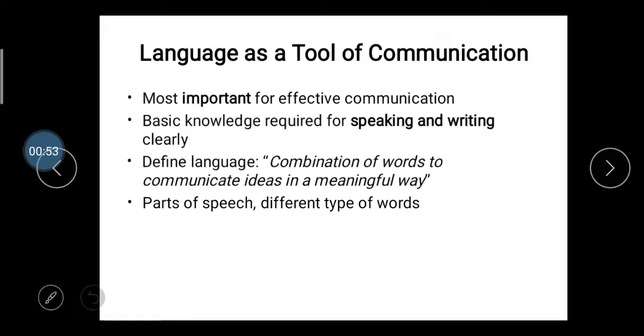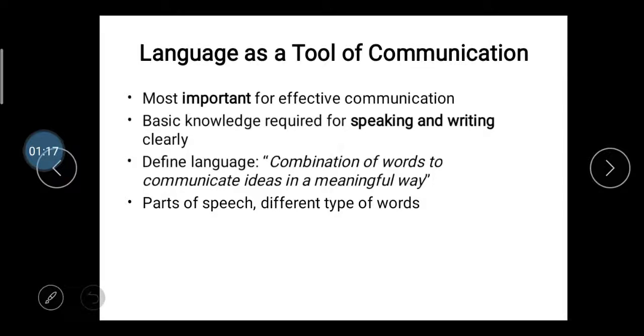So let's start. First one, most important for effective communication. When you communicate with other persons, for effective communication you require language. So language is the main part of your total overall communication.